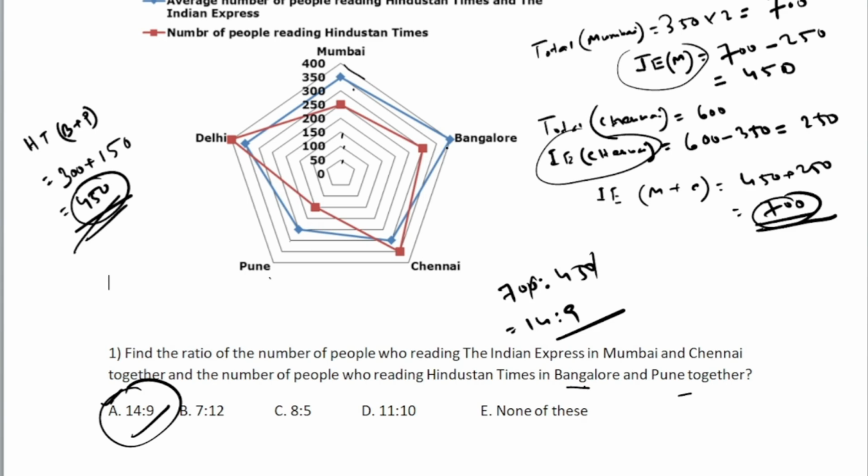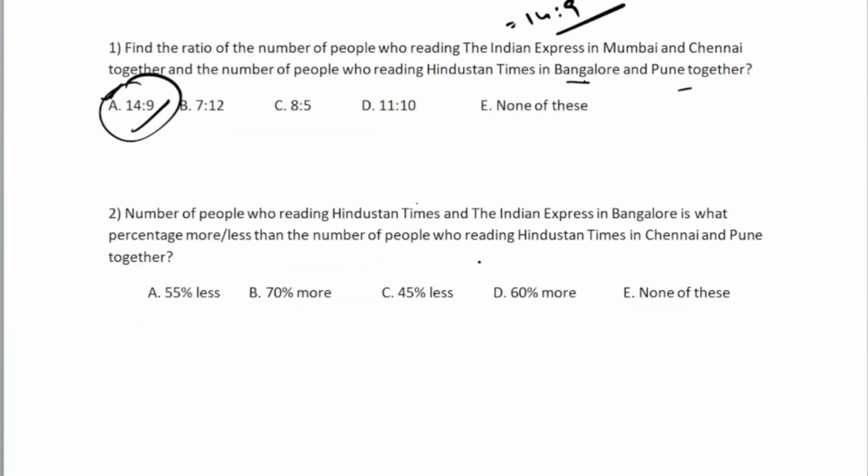So the average number of people who are reading Hindustan Times and Indian Express in Bangalore is 400. So the total number of people reading Indian Express and Hindustan Times in Bangalore is 400 multiplied by 2, that is 800.